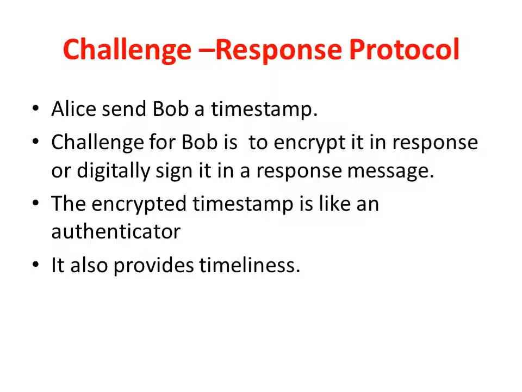One is for making the authentication, second is it will check the freshness or the timeliness of the message it has been receiving. Suppose I send a 10 o'clock message and you send me back your own timestamp of 2 minutes past 10, then I can check that this message corresponds to the message which I have sent at 10 o'clock. This is how the timeliness of the message is checked here.